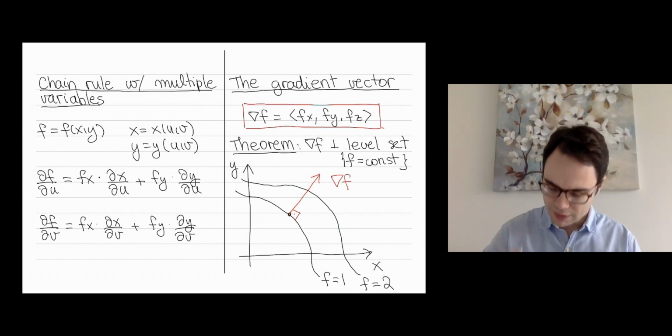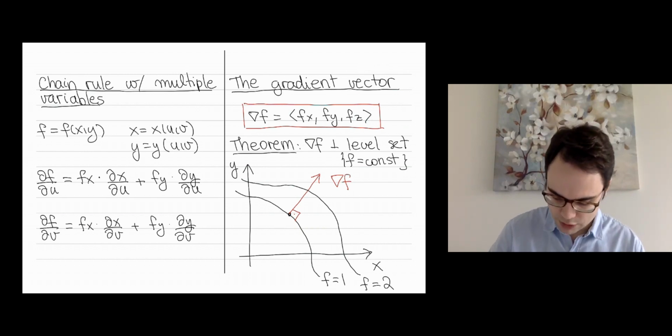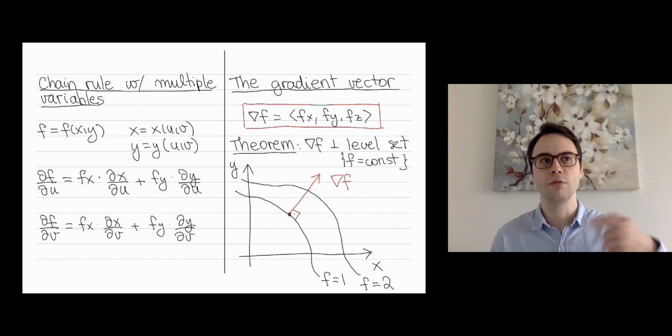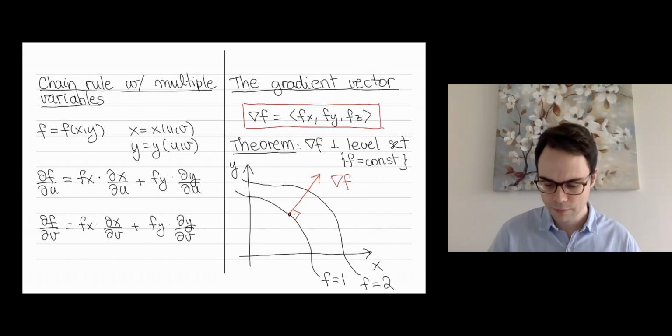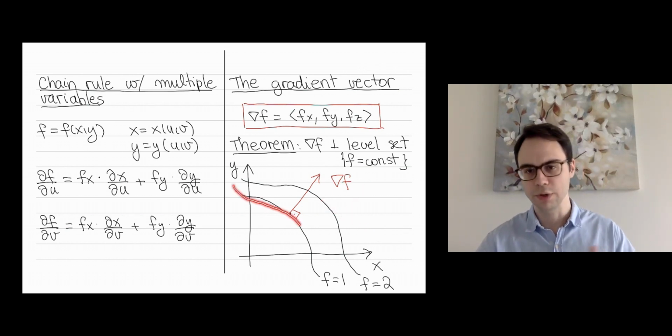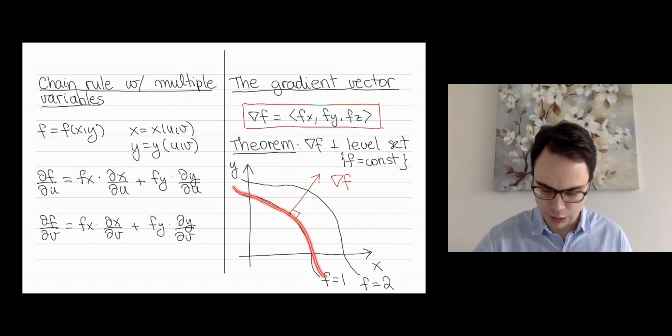I should be a little bit more careful. The level set in principle could be a curved shape. We do understand what it means for a vector to be perpendicular to a line or to a plane. But what does it mean for a vector to be perpendicular to a curved shape?